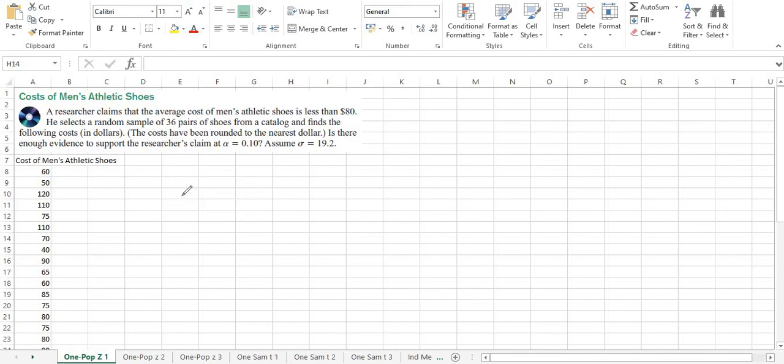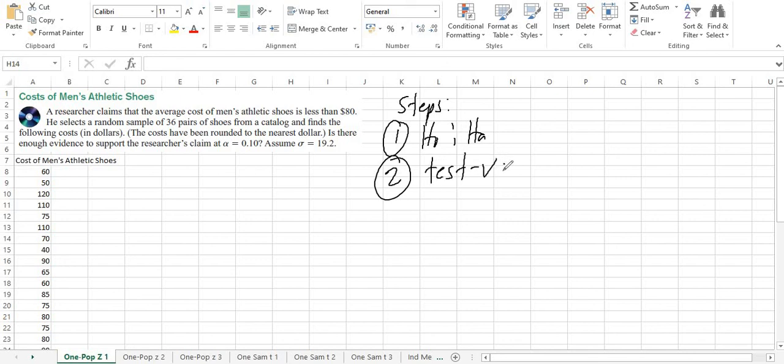So, how do we now do the hypothesis test? Remember, we have 4 steps. Step 1 is to state the null and alternative hypothesis. Step 2 is to compute for the test value to be used.